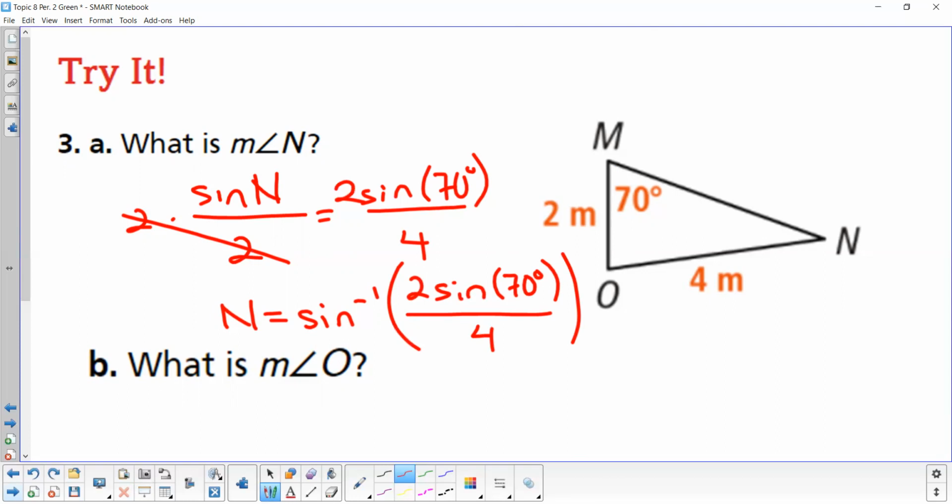Why are you going so fast? 28 degrees. I got 28. That might work. Let me try. Hank probably is gonna get like 29.3 or something. Wait, so it's sine inverse of 2 sine 70, close parentheses, over 4. You go, Hank. Oh. 28 degrees.